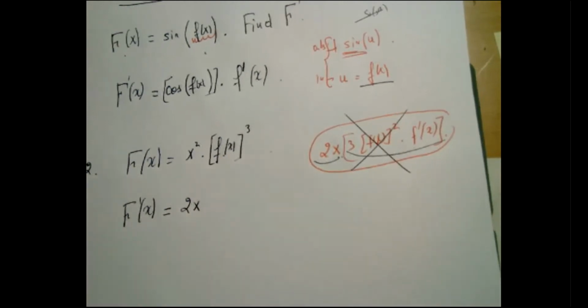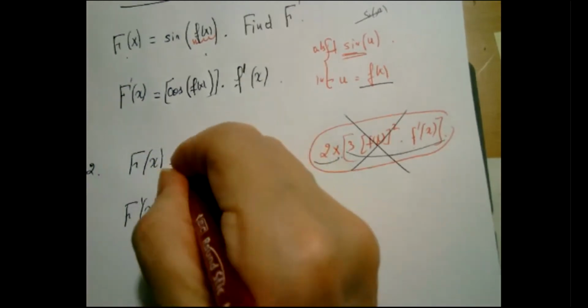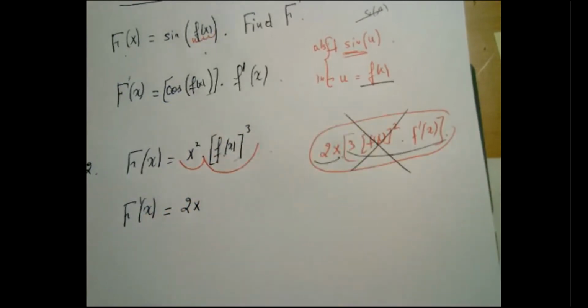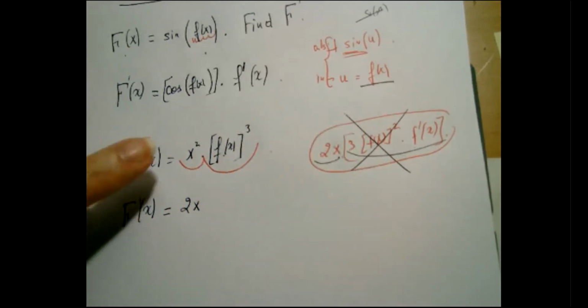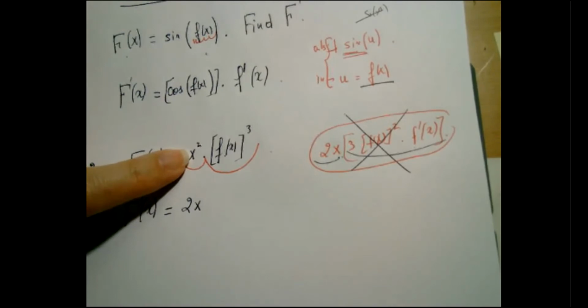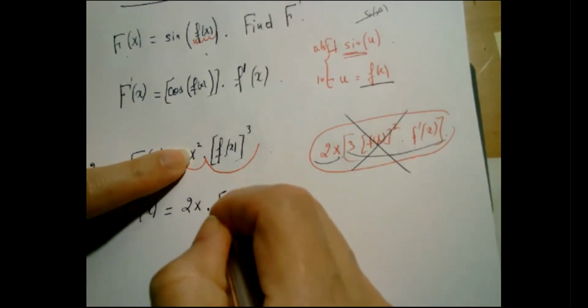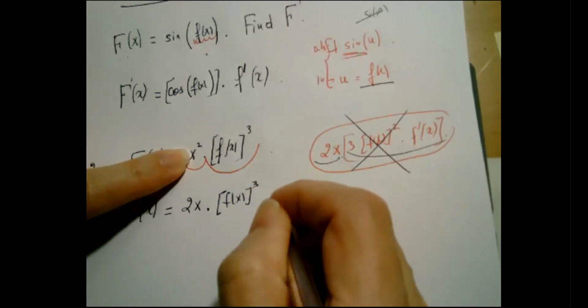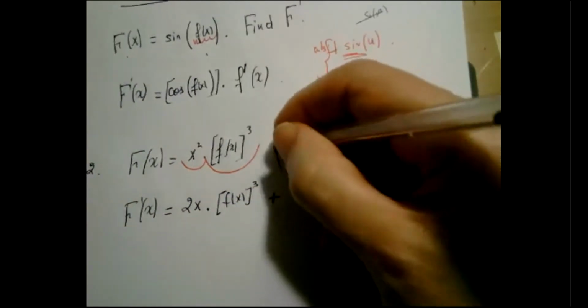So now we use the product rule again. So that's one function times another function. So the derivative is going to be the derivative of x squared, which is 2x, times f of x to the power 3, product rule.